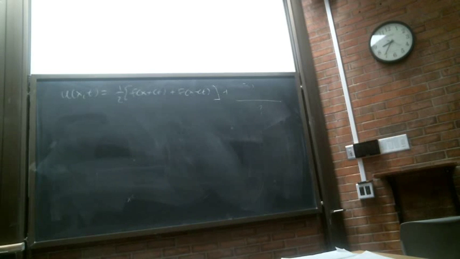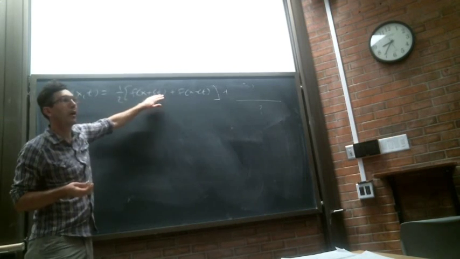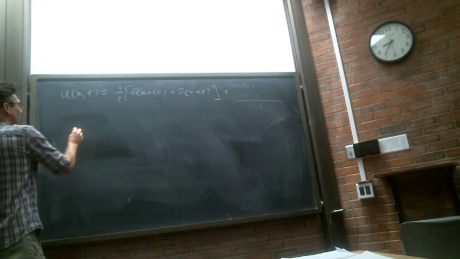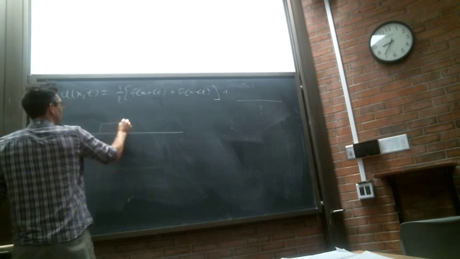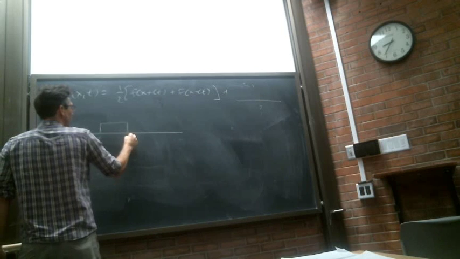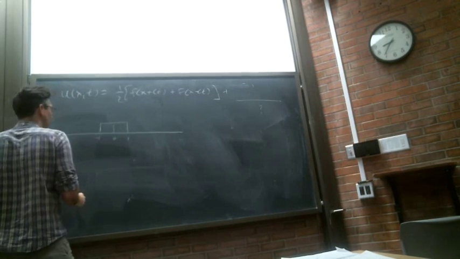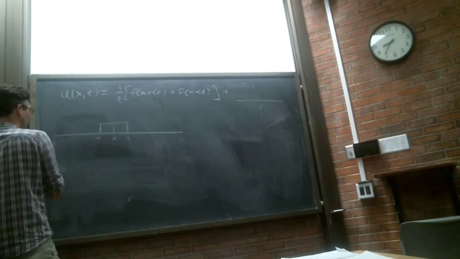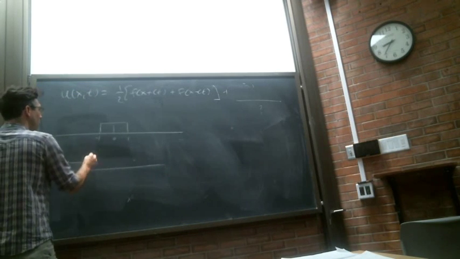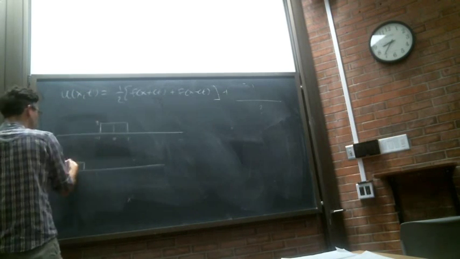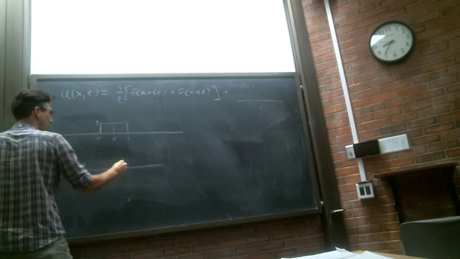So what are we going to do? What does the solution look like here? We have to find out what that one looks like. It starts off like this, right? And then after a certain amount of time, this 1 here is going to be 1/2.